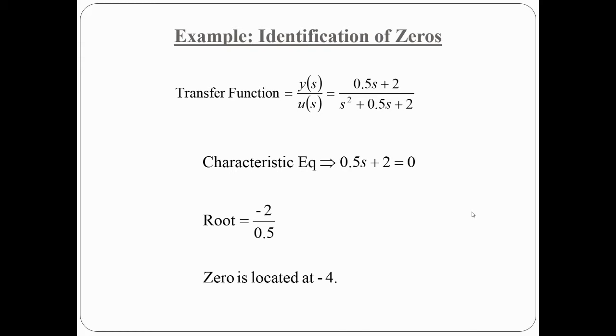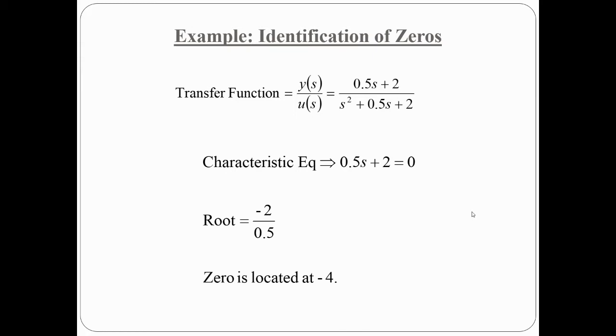Then we consider all the initial conditions to be zero, and then we take the Laplace transform of the differential equation so that it will be easy for us to solve the problem.